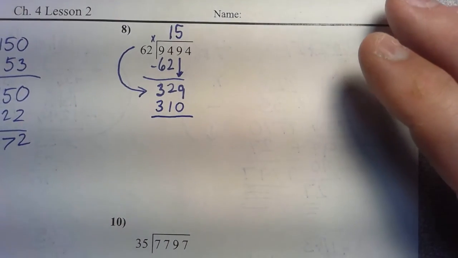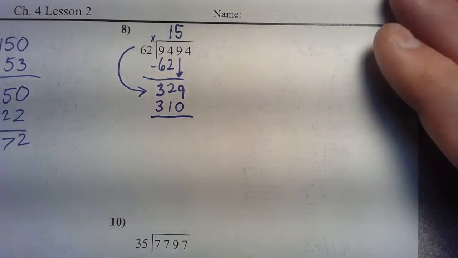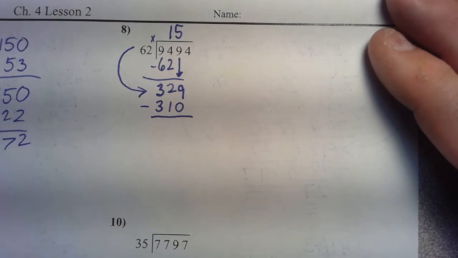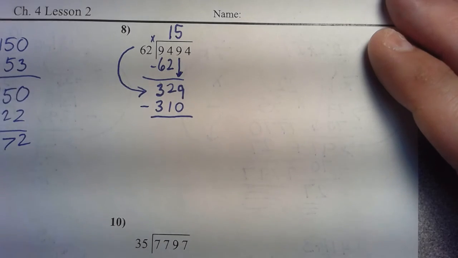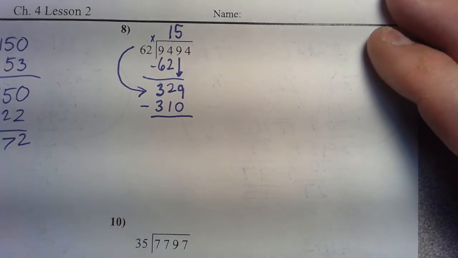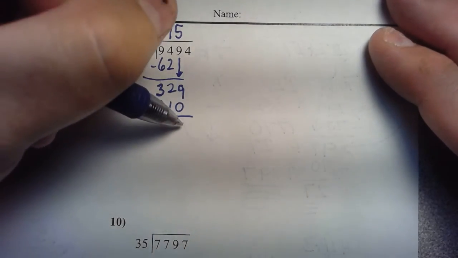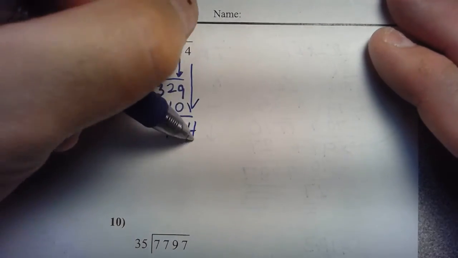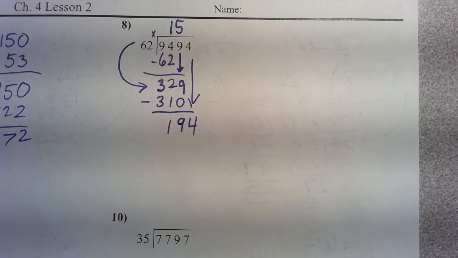Now what do you do with these? Yeah, go ahead. Now what? Bring down the 4. Let's subtract those first. Oh, yeah. 9, 1. Okay, now you bring down your 4. 62 into 194, how many times?